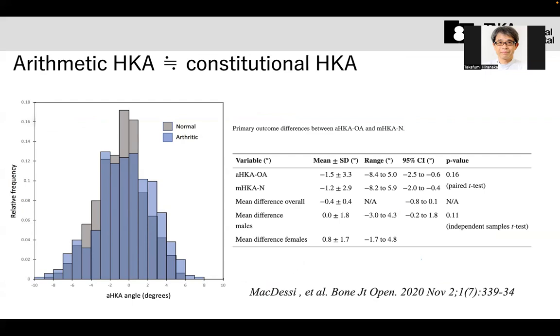He compared normal knees and arthritic knees, and this distribution is almost the same. So this is one proof that if we can calculate arithmetic HKA, we can estimate the patient's constitutional HKA.